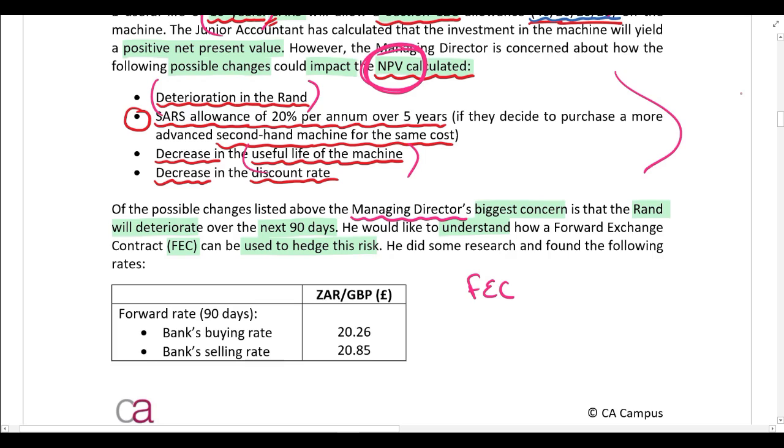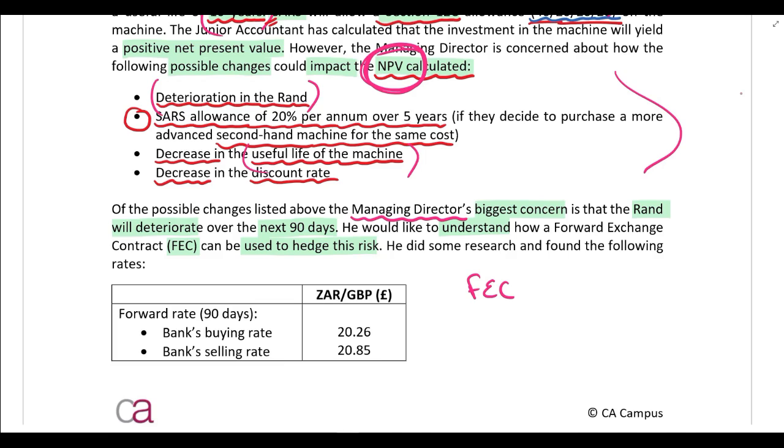So he's not going to be exposed to any currency risk at all, because he knows today exactly what the exchange rate is going to be. Any uncertainty about what's going to happen with the rand is eliminated. He knows today what this machine is going to cost him, so he can use this FEC to eliminate currency risk.